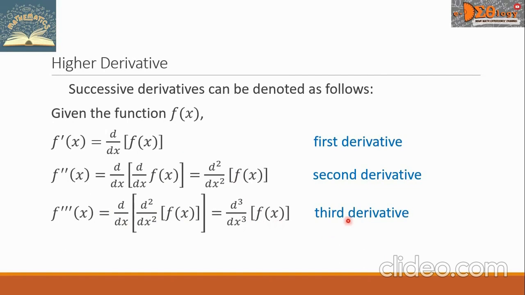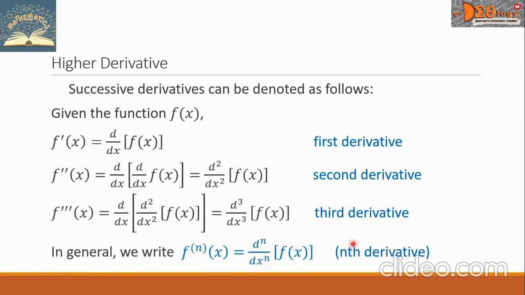This is the third derivative. In general, we write f raised to a power n inside a parenthesis of x is equal to d with power n all over dx raised to power n of f of x. And this is the nth derivative.